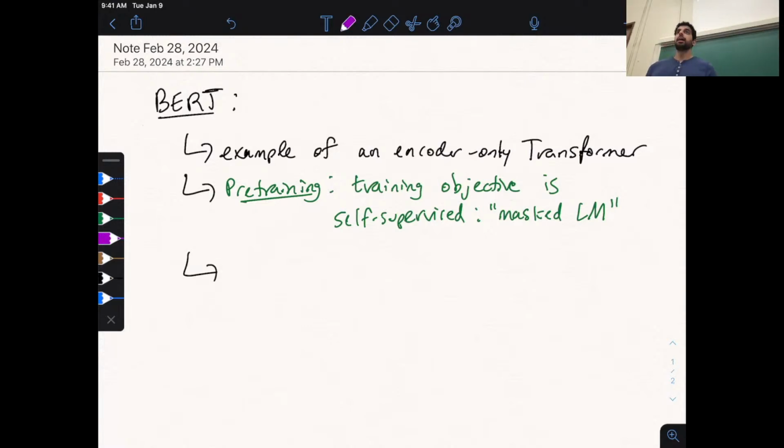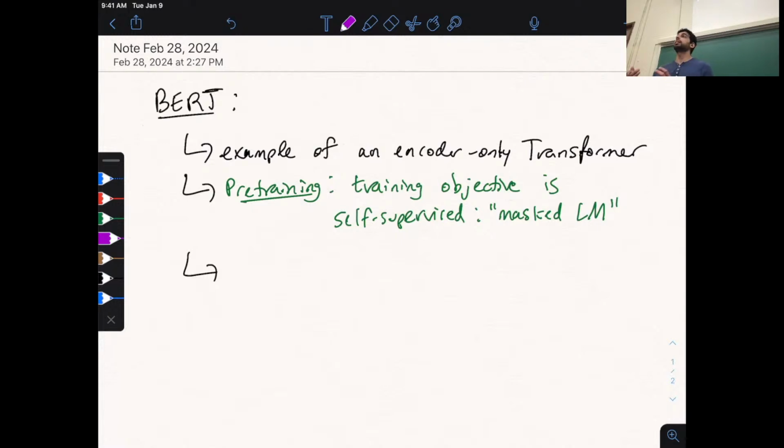Okay, so that was pre-training. And then we discussed briefly how when we pre-train a model, our goal is not to solve any one particular task, but rather try and encourage the model to learn as much as it can about the language, its properties, and things like world knowledge in addition to syntactic structure.